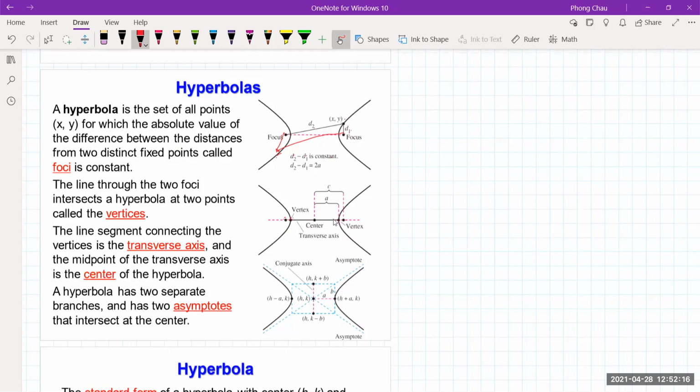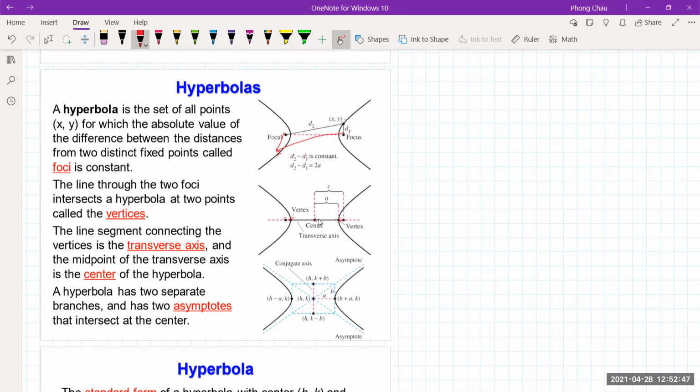Remember, we called it the major axis in an ellipse, but now we call it the transverse axis. The reason is that there's no minor or major here, so it's really the axis we call the transverse axis. The midpoint between the two vertices is called the center. Of course, that's the center, right?